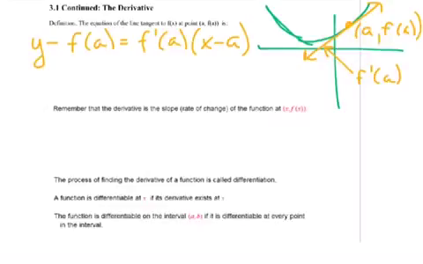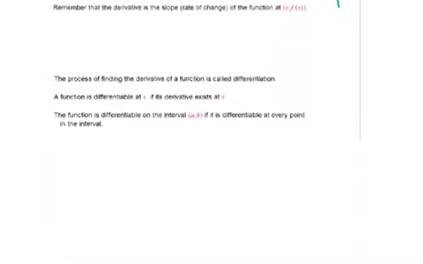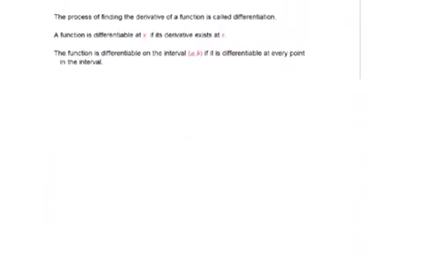So going on with that, we can then talk about differentiability of a function based on whether or not there is a derivative at a point. So we found how to use the power rule and definition of derivative. The function is differentiable on some interval if it's differentiable at every point.